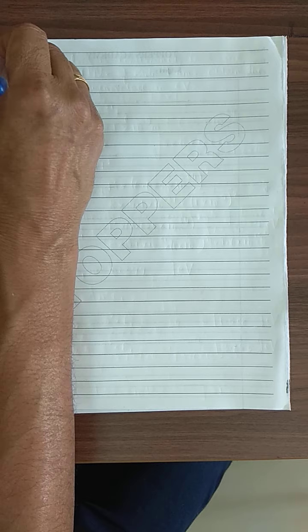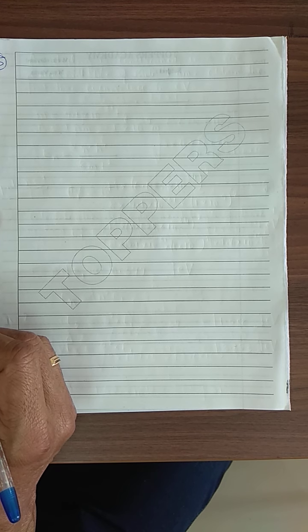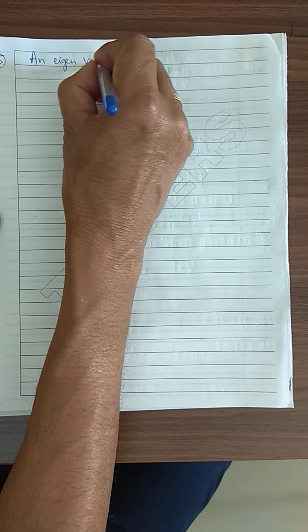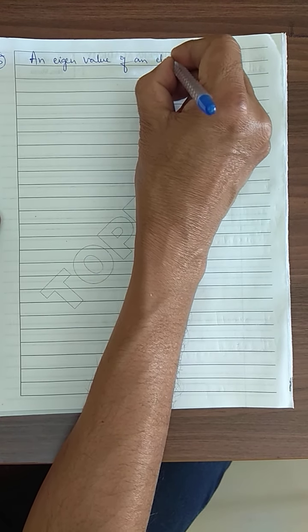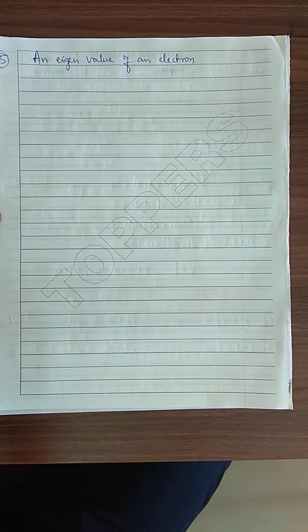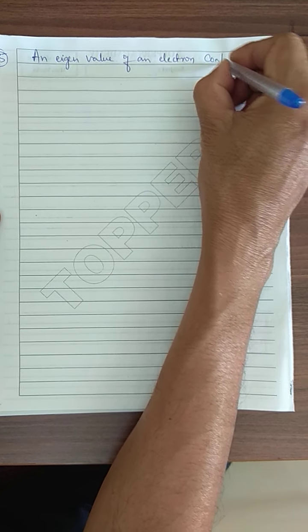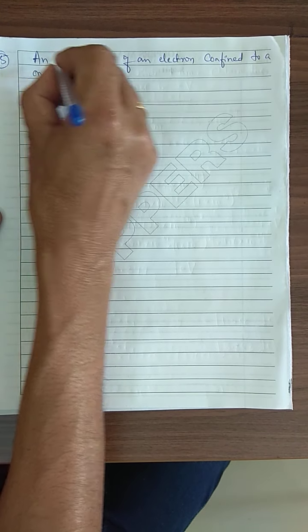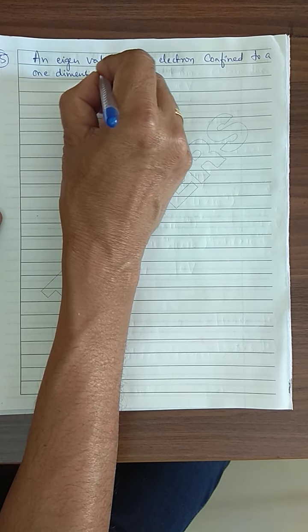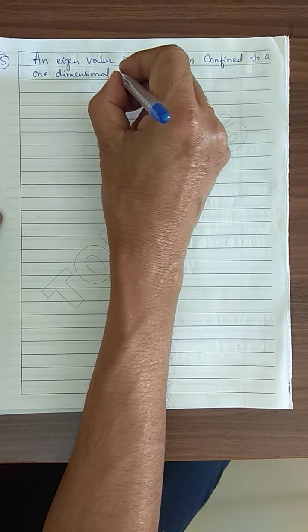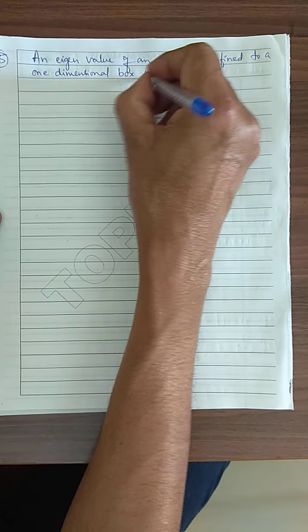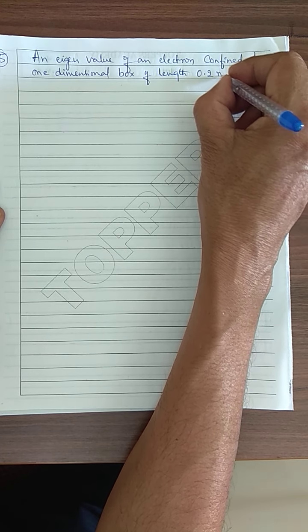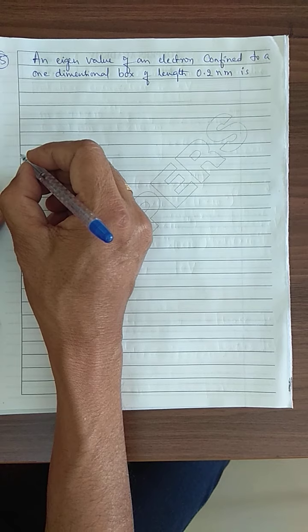Problem number 5. An eigenvalue of an electron confined to a one-dimensional box of length 0.2 nanometer is 151 eV.